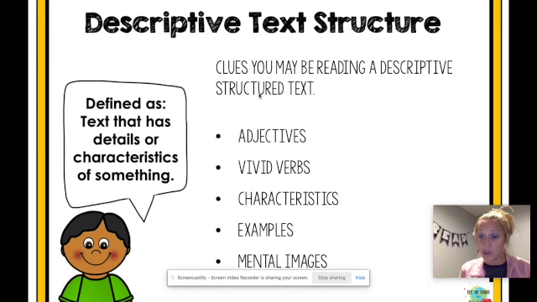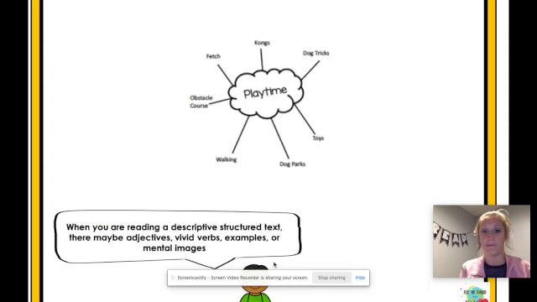So as writers, we need to do that for our readers. We need to have adjectives. We need to have vivid verbs. We need to describe things, give examples, and have some mental images that people can put in their mind.